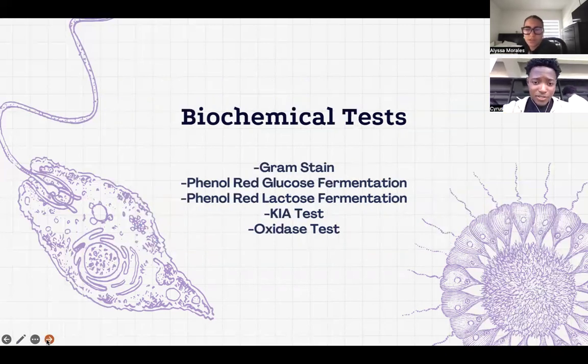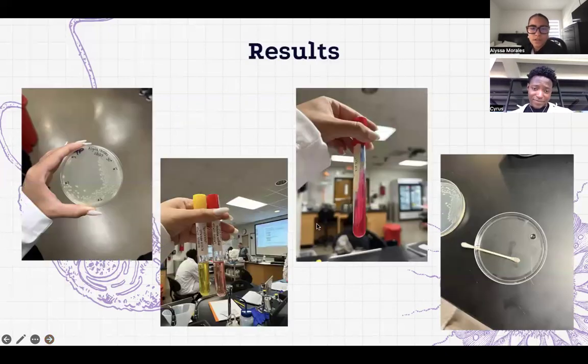The biochemical tests we ran were the gram stain, phenol red glucose fermentation, phenol red lactose fermentation, KIA test, and oxidase tests. So these are our results. This was our bacterial culture at the beginning of the course, with our unknown bacteria.